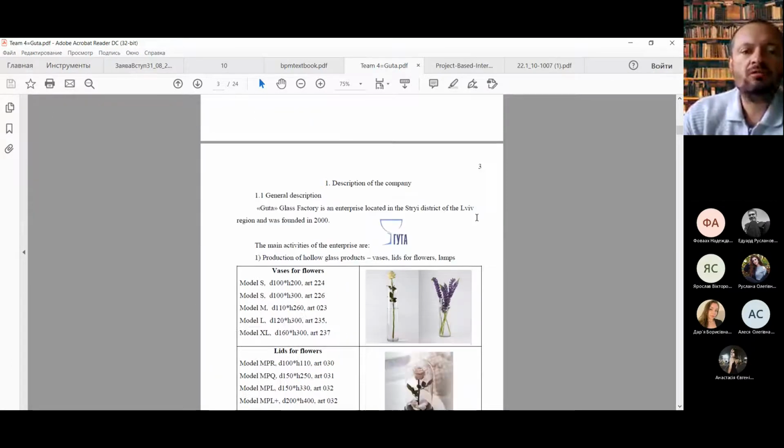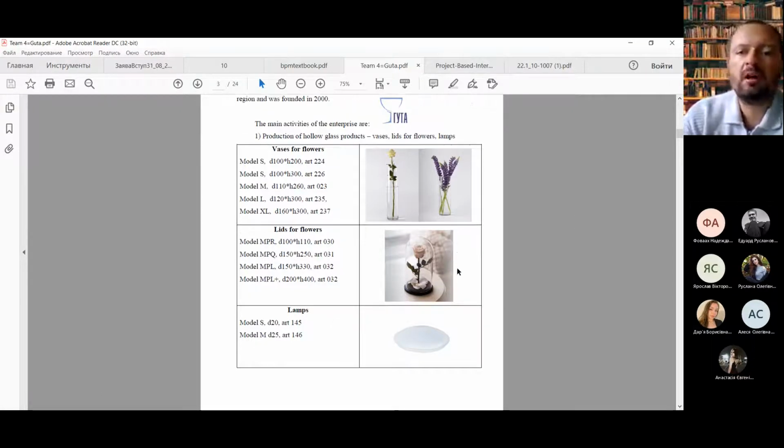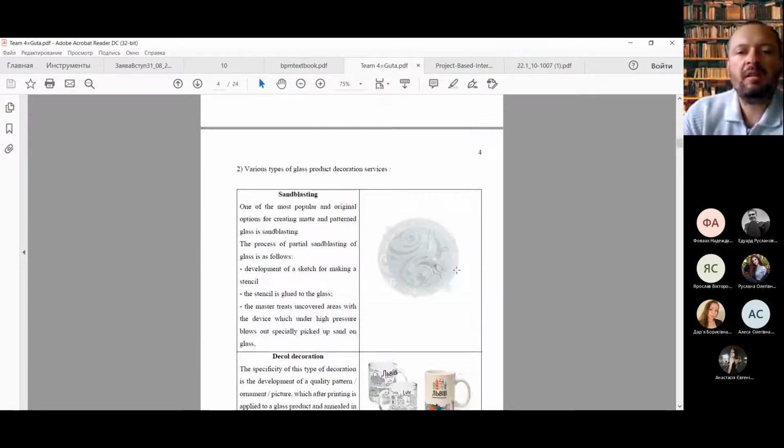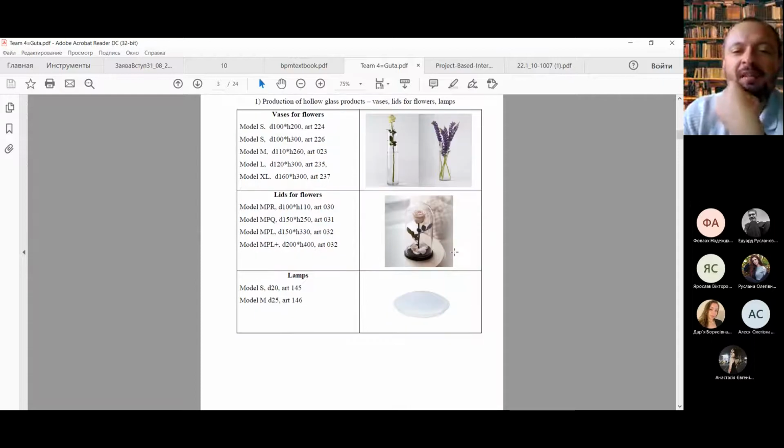So you will have to begin with the description of the company. It must be with some pictures just to explain the products of the company. They wrote about some company Gute, which produced, and I hope produces, some beautiful things from glass.